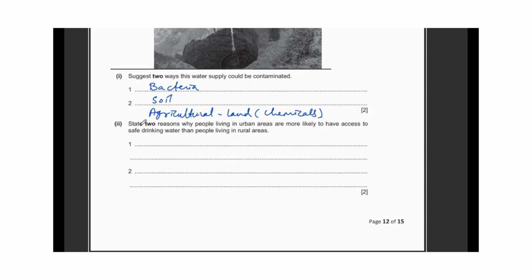So you can write here, treated with chlorine, treated with chlorine in what we say filtration tank, infiltration area. Next one will be more sewage plant.